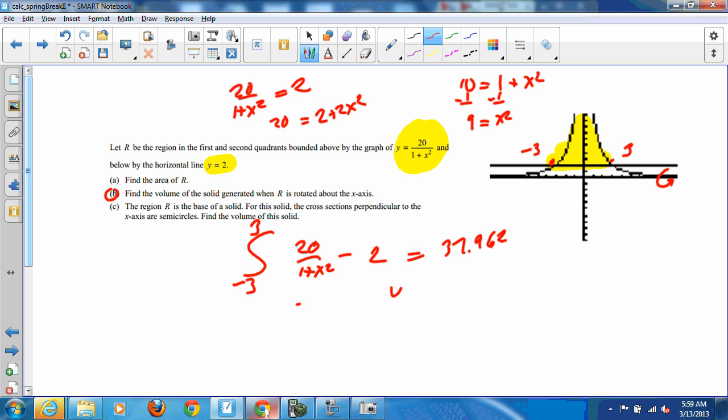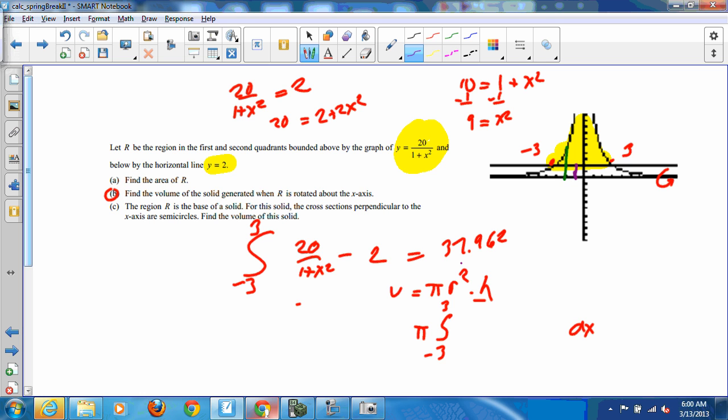So remember, volume is pi r squared times h, and when we do the integral here to solve this, our h is going to be our dx, and the large radius is going to be the top function, and the bottom radius is going to be from 2 down to the bottom.